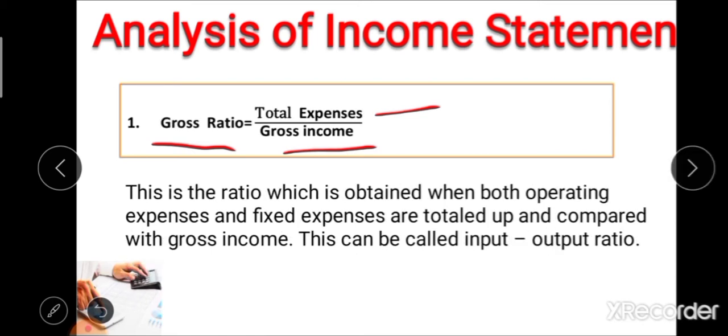After that, the third ratio is the gross ratio.